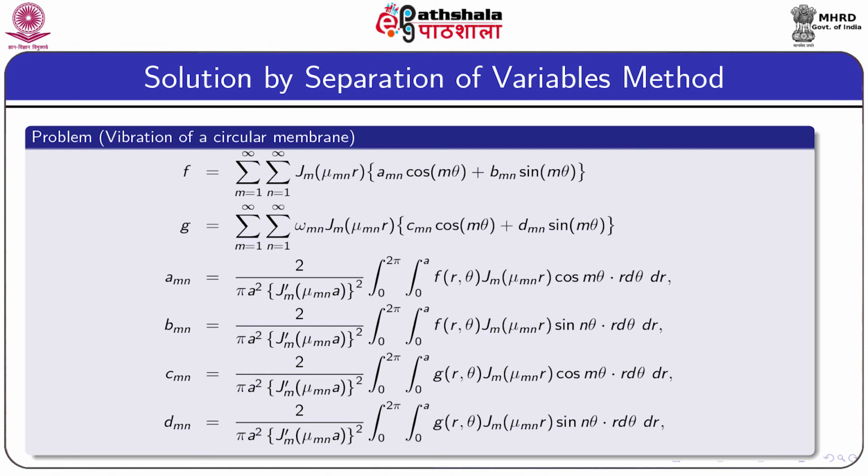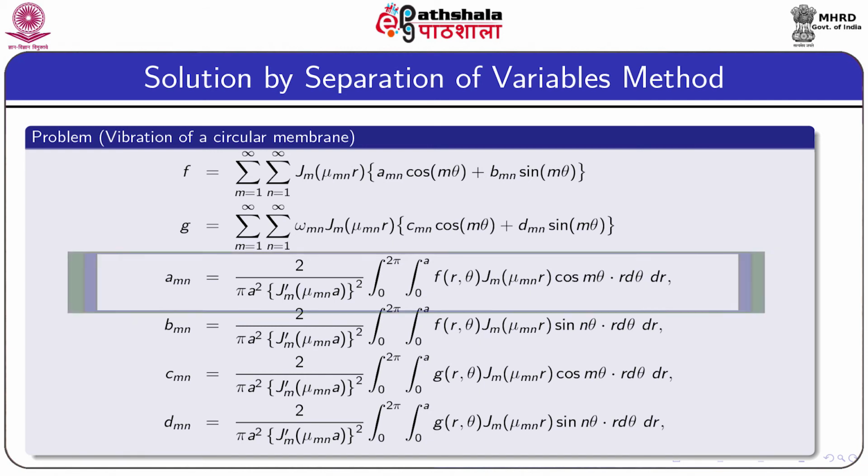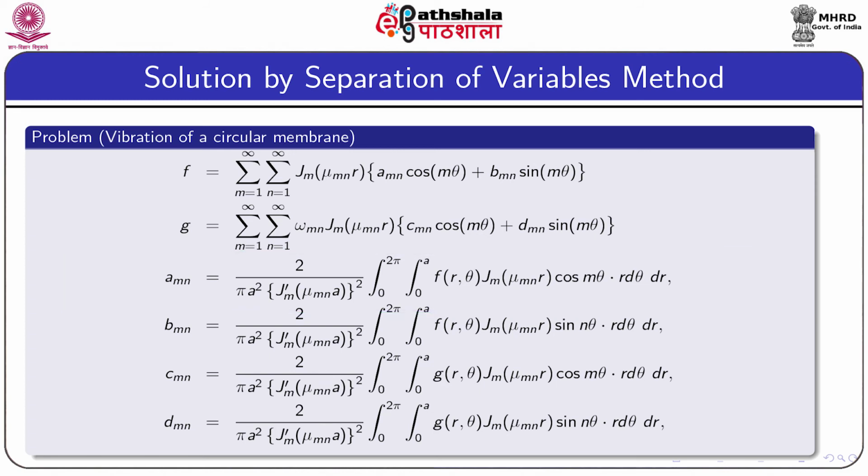Then using the orthogonality property of the Bessel function and the cosine function, we can obtain the expression for a mn as can be noted from the slide. a mn equals 2 by pi square J dashed m mu mn a whole square and the integration. Here J dashed denotes the derivative of J.